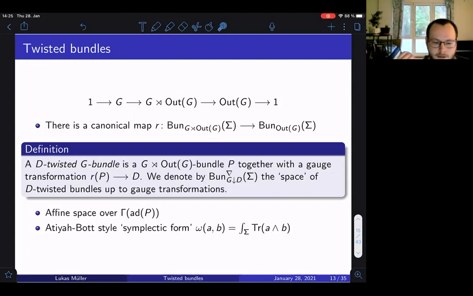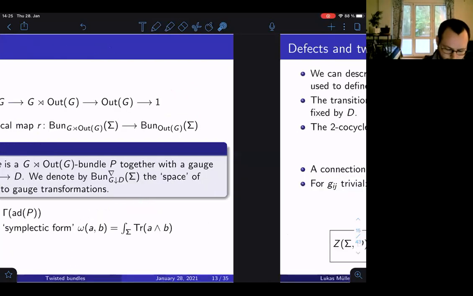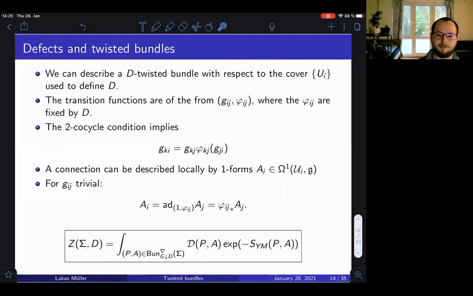And then the second thing to note is that at least formally this space has a symplectic form, which is just given by taking two tangent vectors, wedging them together and evaluating the trace. And since it's an affine space, this is just the tangent space. Okay, so I introduced these geometric objects.